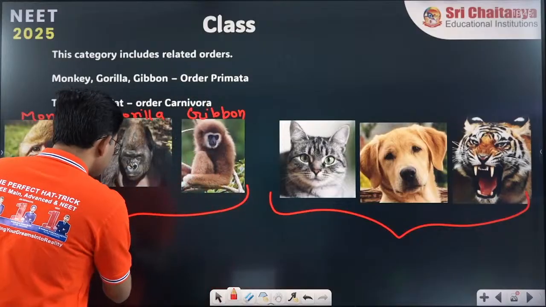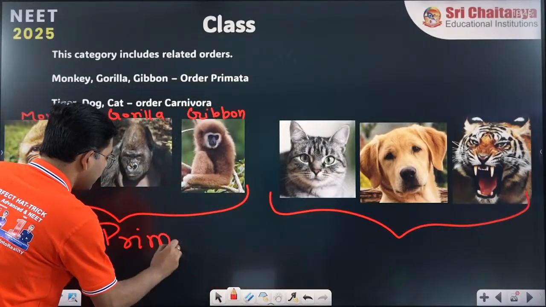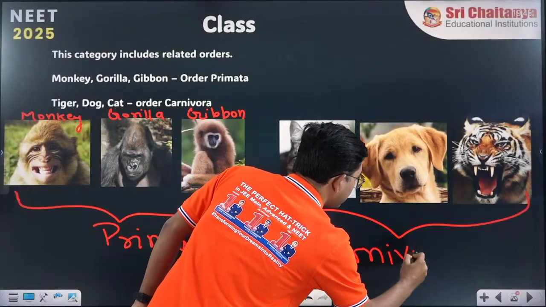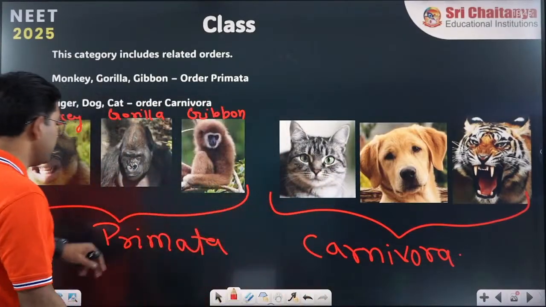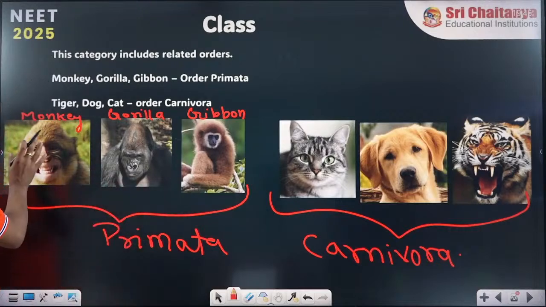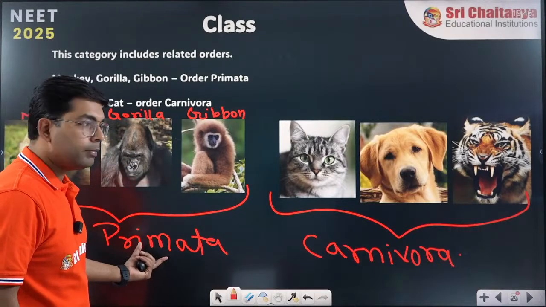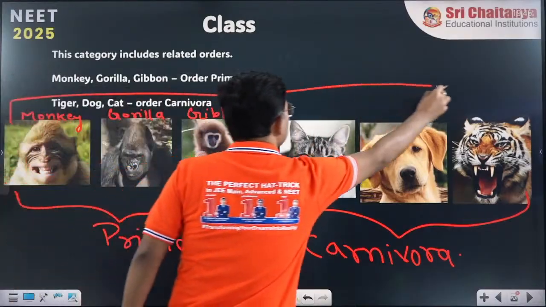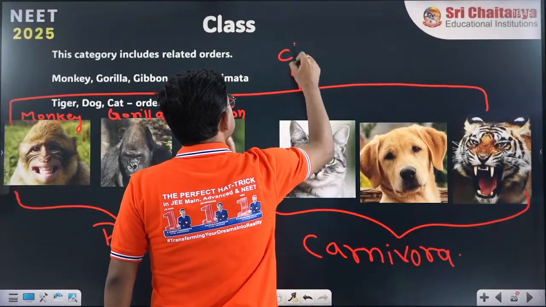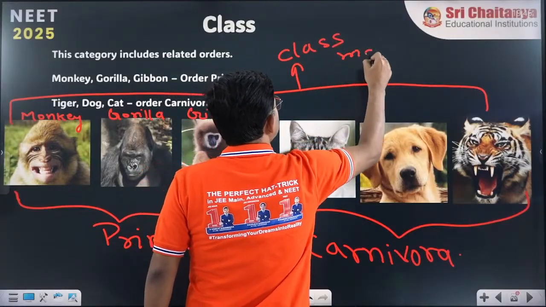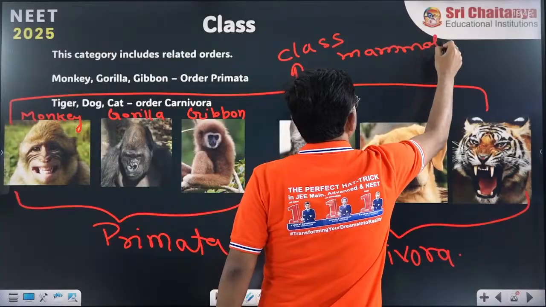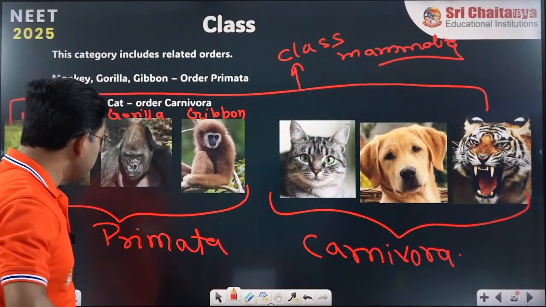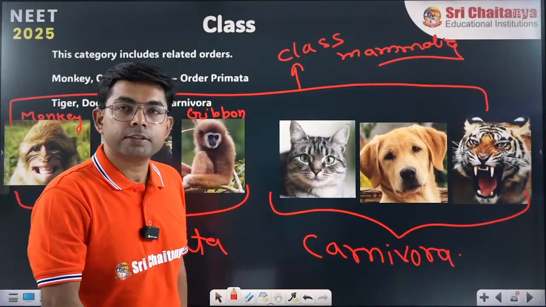Carnivora, right? Remember, Primata is an order, and these three belong to order Primata, and this is Carnivora, but all of them together belong to class Mammalia. So now class is including many more animals together.